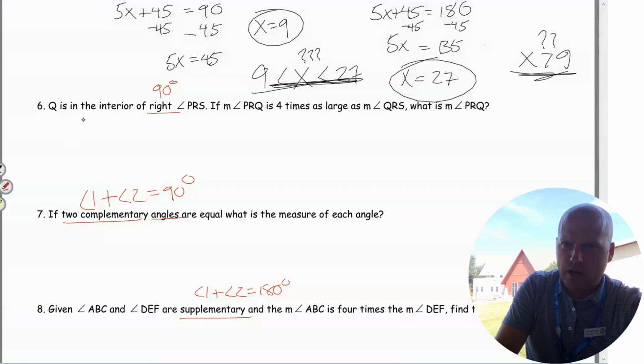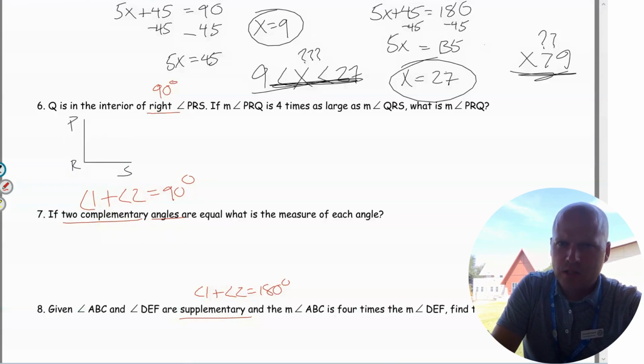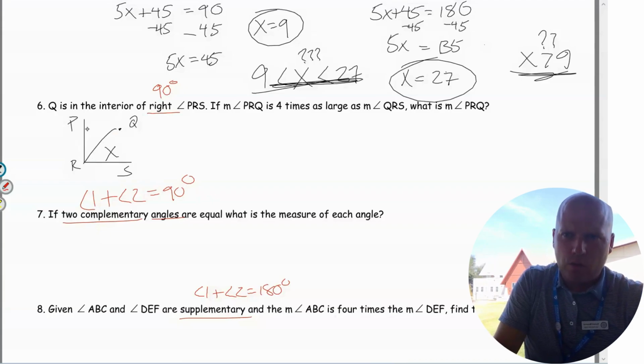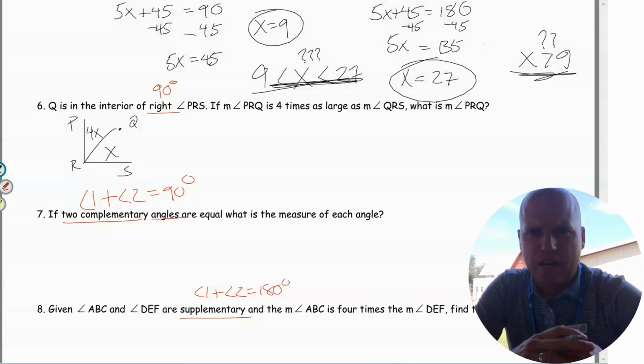So I'm going to draw a right angle, PRS, Q being in the interior. PRQ is 4 times as large as QRS. So ready? QRS is some unknown. PRQ is 4 times that unknown. It's 4 times as large.